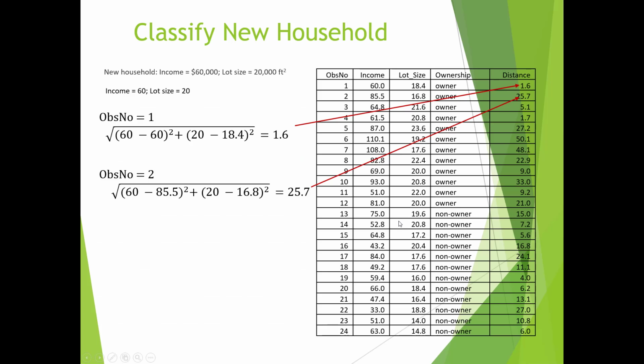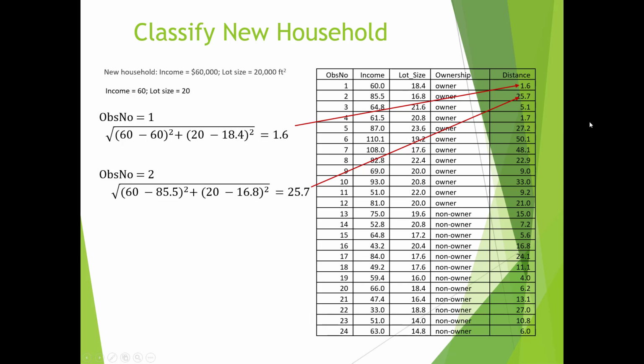So here is the process of trying to find the classification or predicted class for our new observations. So for the new observation, you compute the distance. The new observation's distance to the first observation is 60 minus 60 squared, and 18.4 minus 20, or 20 minus 18.4 squared, and you get 1.6.